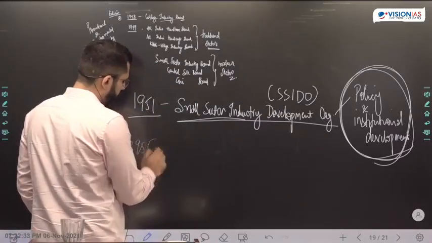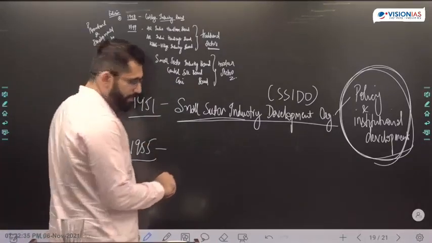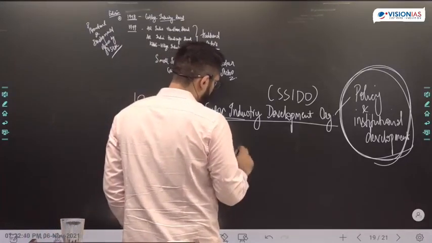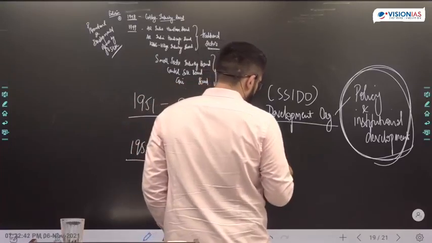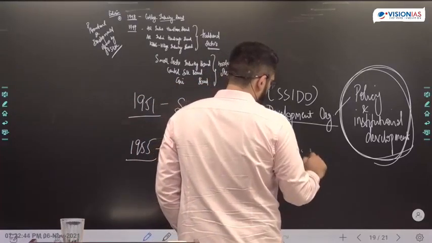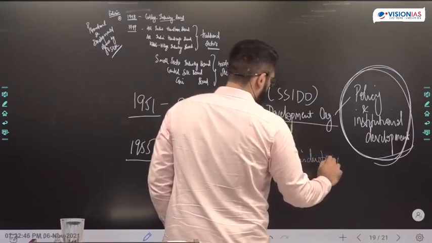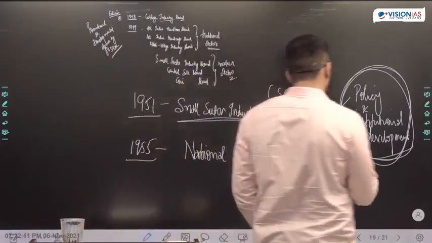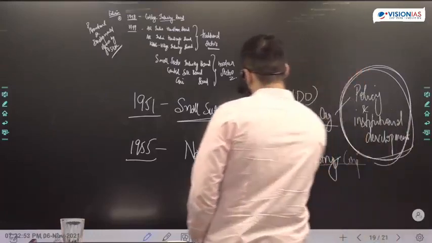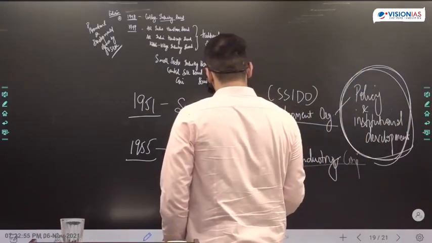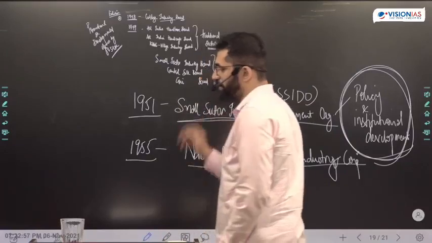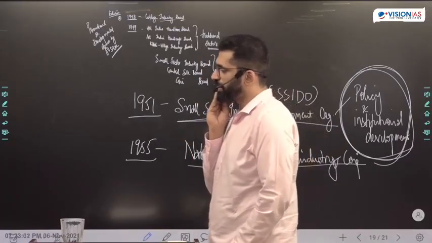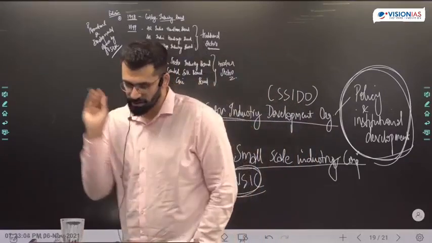1955, you have the National Small Scale Industry Corporation, NSIC. It also has the same function, policy and institutional structure. Then I will talk about the benefits, the contribution and the issues. This you can note down.